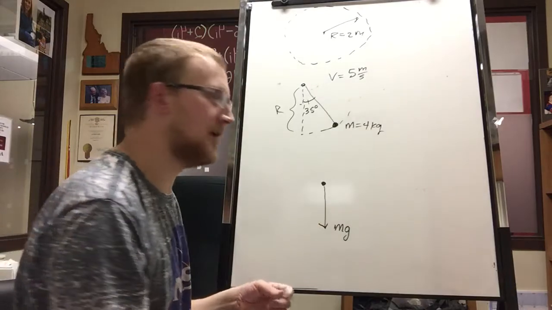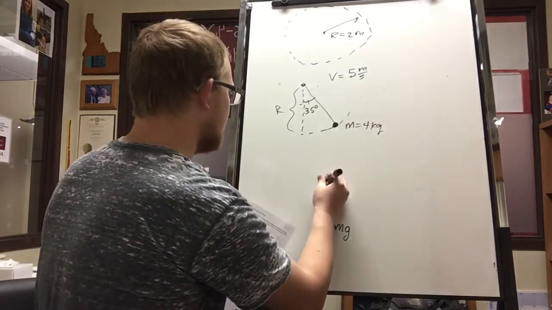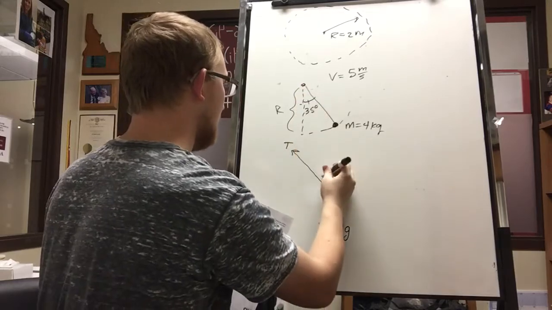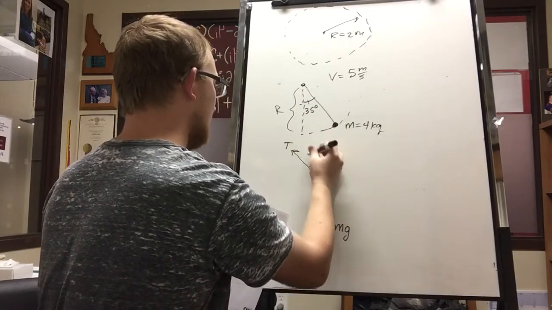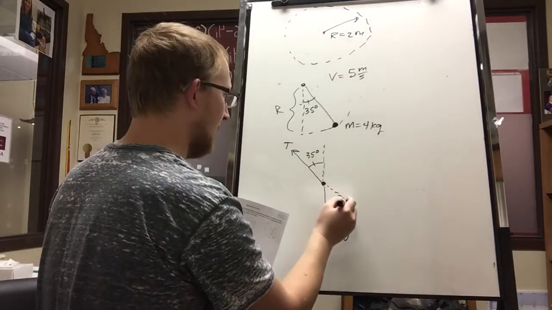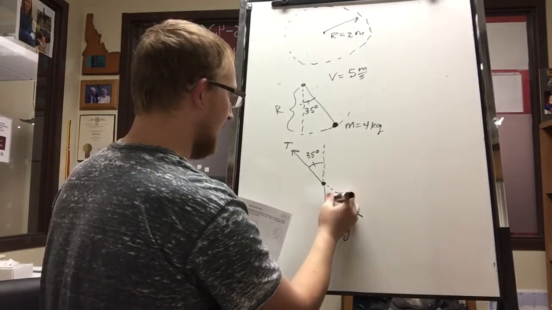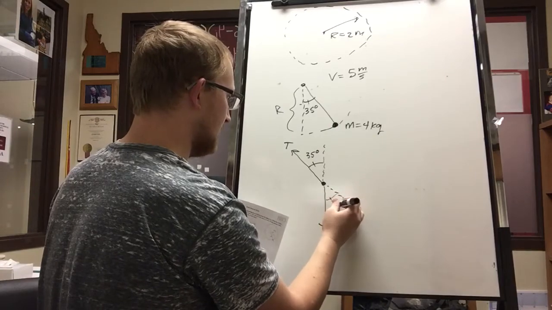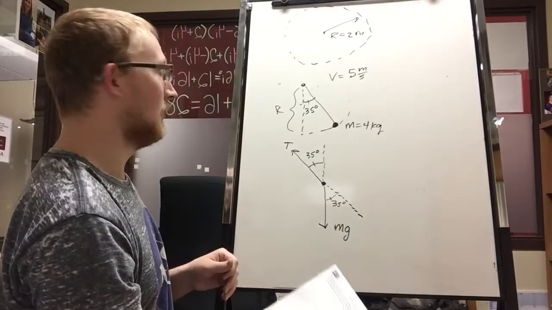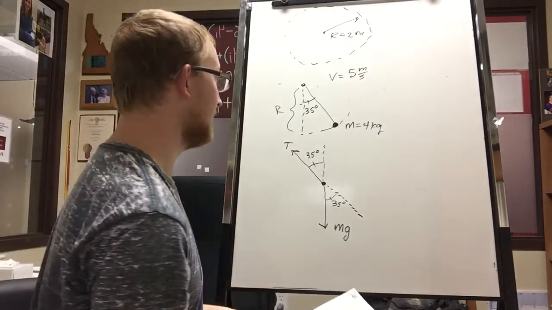They can't even exert compression. So the tension force has to be pointed in the same direction as the rope. And therefore, the angle of the tension from the vertical will be 35 degrees. And likewise, the angle from mg to the tension line will be 35 degrees as well. Alright, so this is our free body diagram.